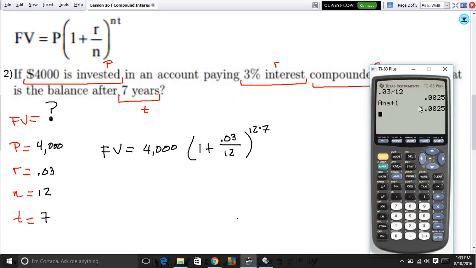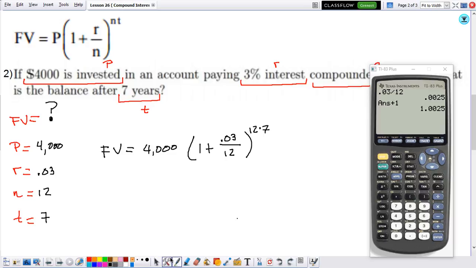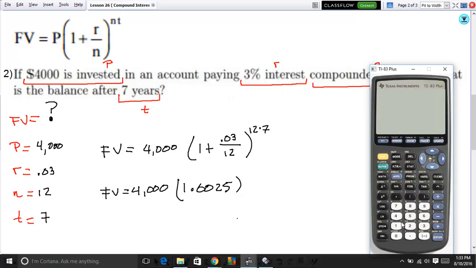So this is what's inside the parentheses. So let's just rewrite our formula. FV equals still 4,000, but now inside the parentheses, I know that this is the decimal representation of it: 1.0025. And 12 times 7, just figure it out real quick here. So that's 84.